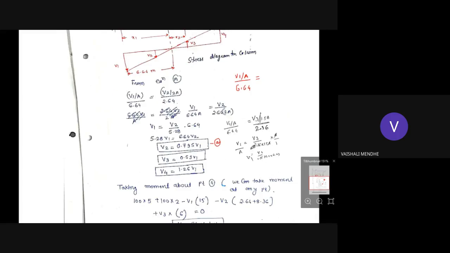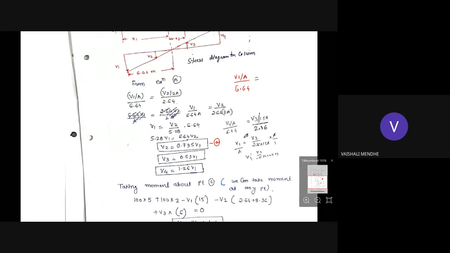So here I have shown this calculation. If you simplify this, you get the value of V3 in terms of V1. For that we use this relation V1 by A divided by 6.64 is equal to V3 by 1.58 divided by 2.36. ये आपको second equation मिला.